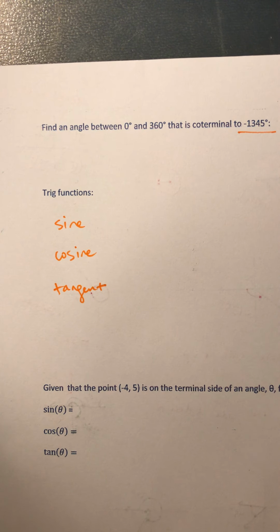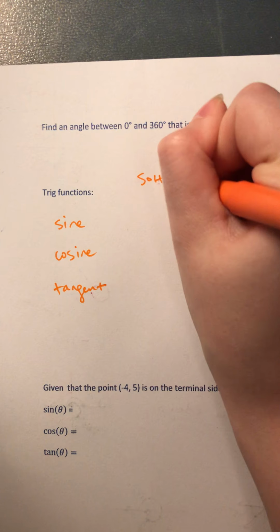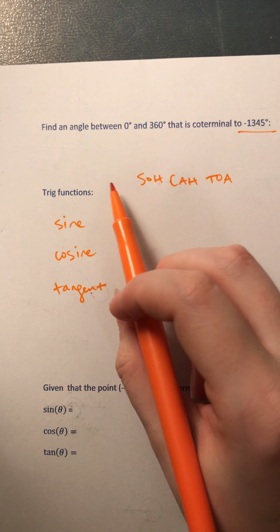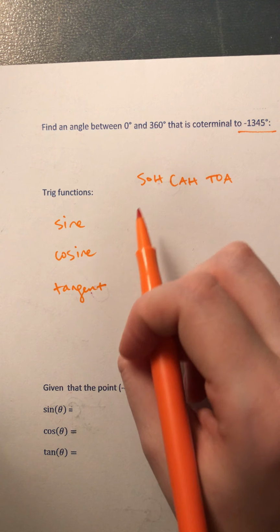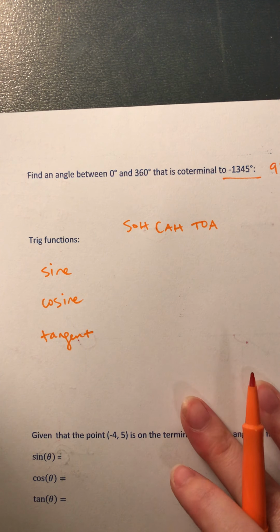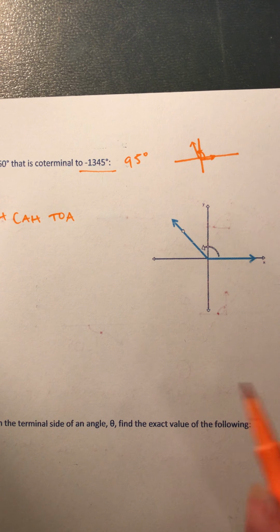So hopefully maybe you learned the mnemonic device SOHCAHTOA that tells you based on a triangle, what are our trig functions representing? And so this is specifically our right triangle trig. And we're actually going to make some right triangles out of our angles.